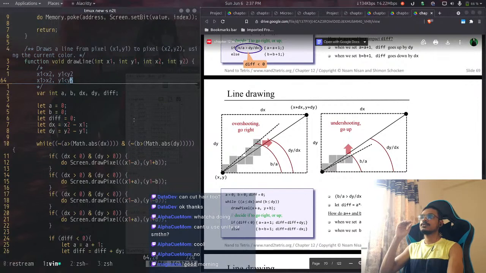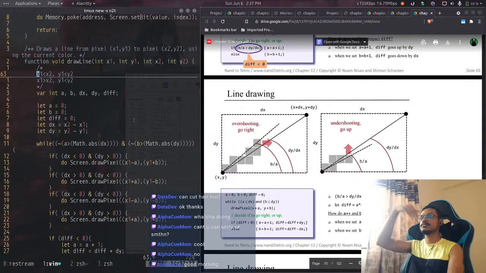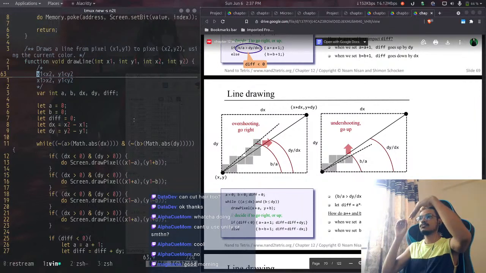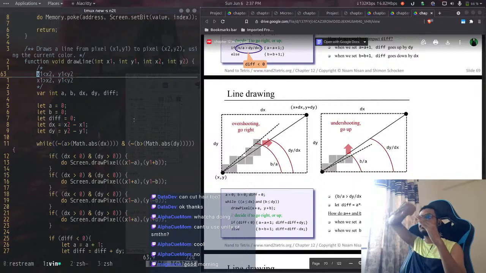So for the case where x is increasing and y is increasing, yeah, this. But if x is decreasing and y is increasing, the line is like this. It is going in an opposite direction like this.